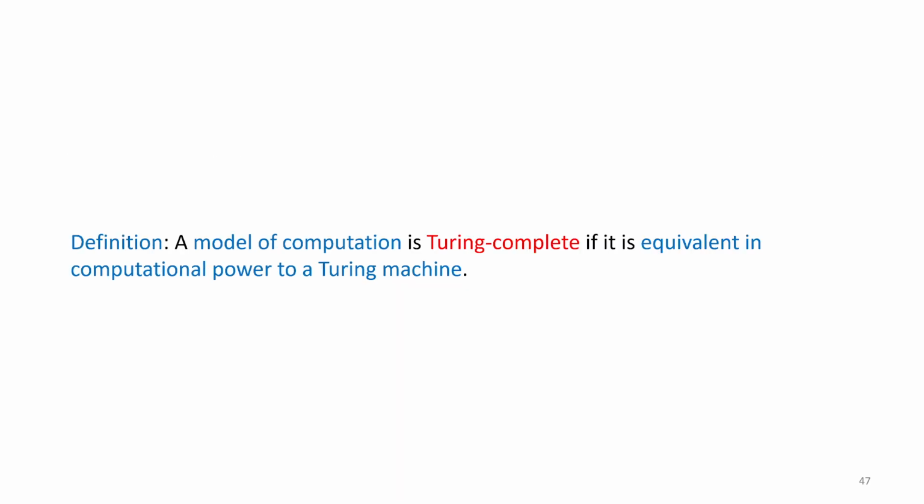So that's going to leave us with a final definition I just want to give you today, which is the idea of what we call Turing complete. Now, you may hear this phrase out there in computational discussions. You might say such and such is Turing complete, and what that means is that model, usually we're using it to describe a model of computation, is equivalent to a Turing machine.